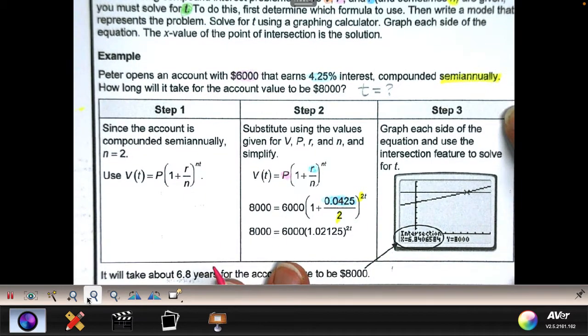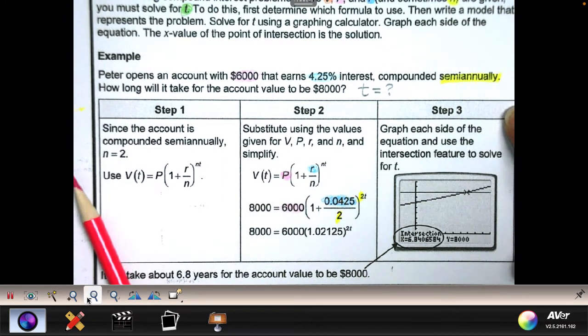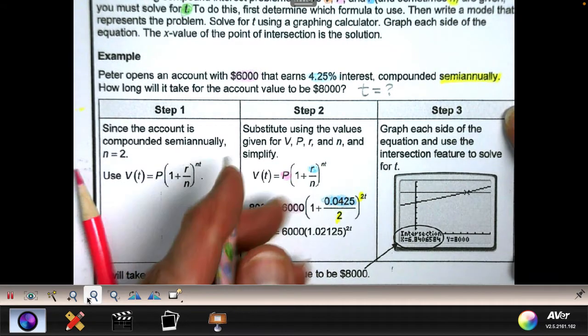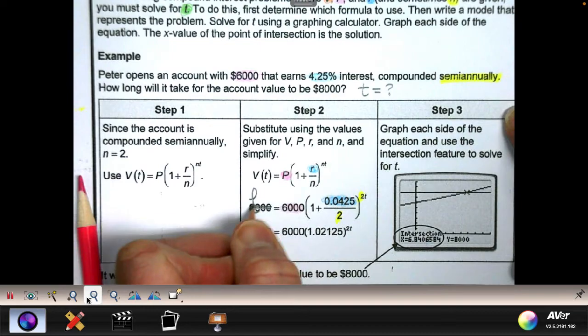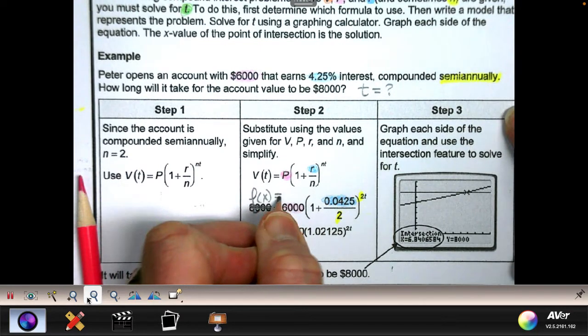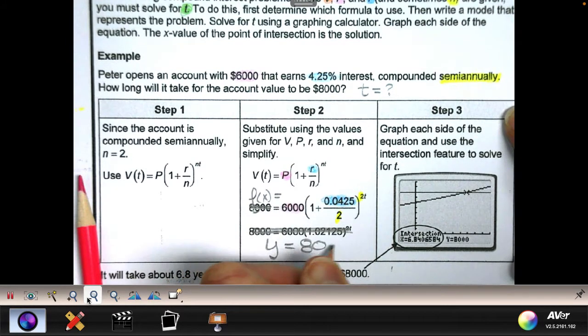So instead of saying it's equal to $8,000, what we do is we would graph two separate functions on Desmos. You graph, what's this one? And this is what you would do on Desmos. You'd put in f of x equals, then you'd put in y equals 8,000.